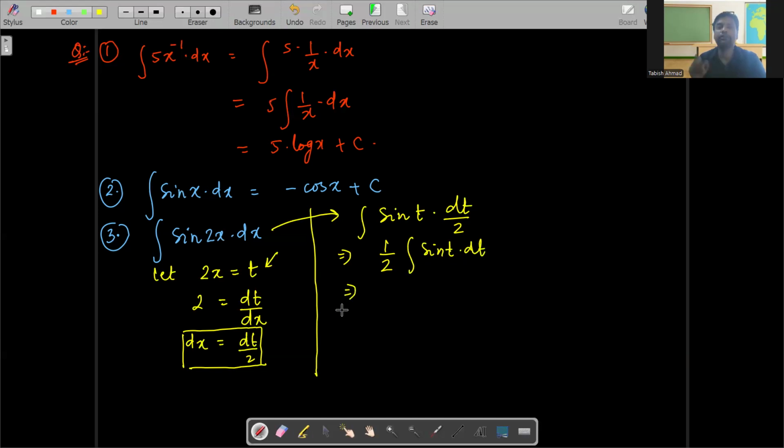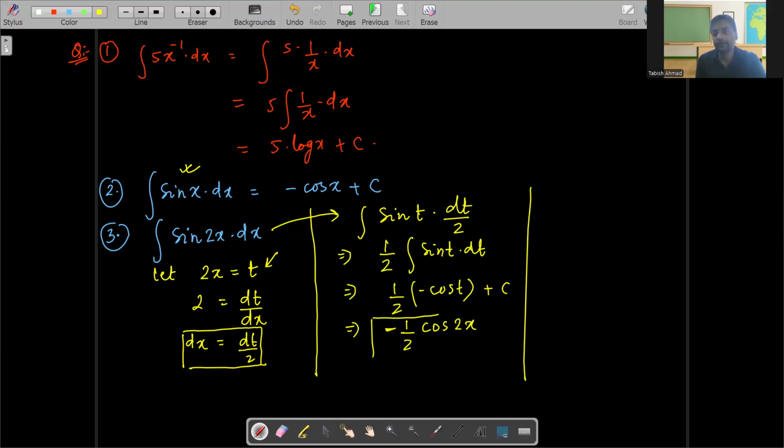Now tell me, what is the integration of sin t? You know that it is negative cos t. So 1 by 2 times negative cos t plus c, or negative 1 by 2 cos t. Put the value of t here, that is 2x, so negative 1 by 2 cos 2x. This is the integration.